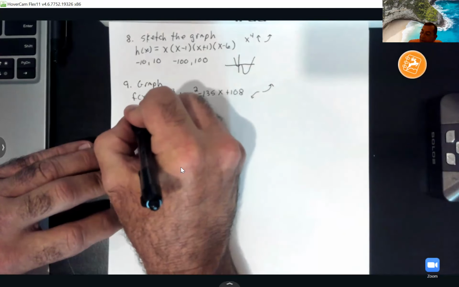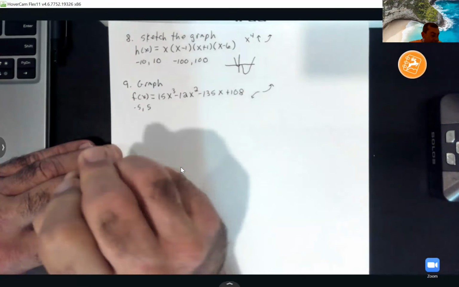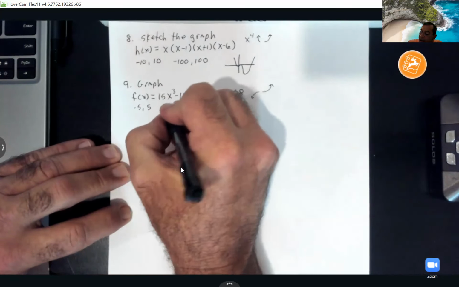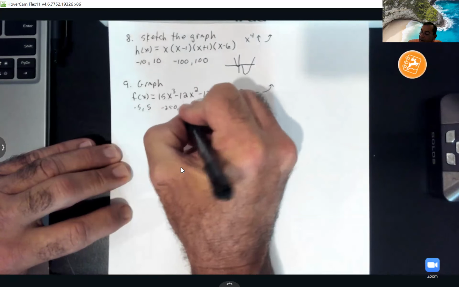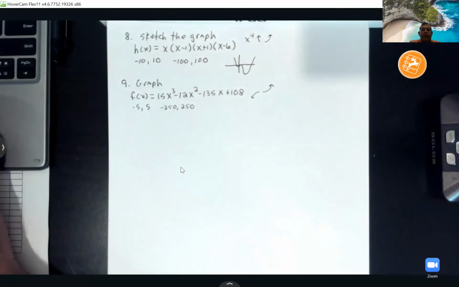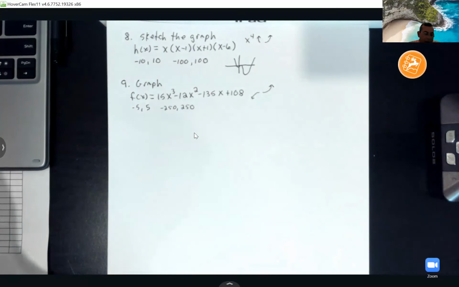The x's go from -5 to 5. The y values go from -250 to +250. So now I will say on this one, you got to be careful because two of these graphs are really, really similar on their answers, okay? So let's go graph that.